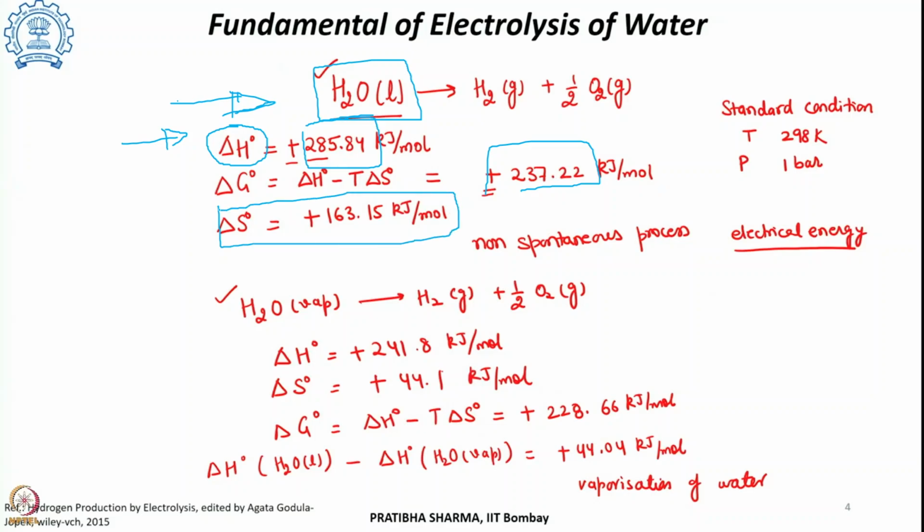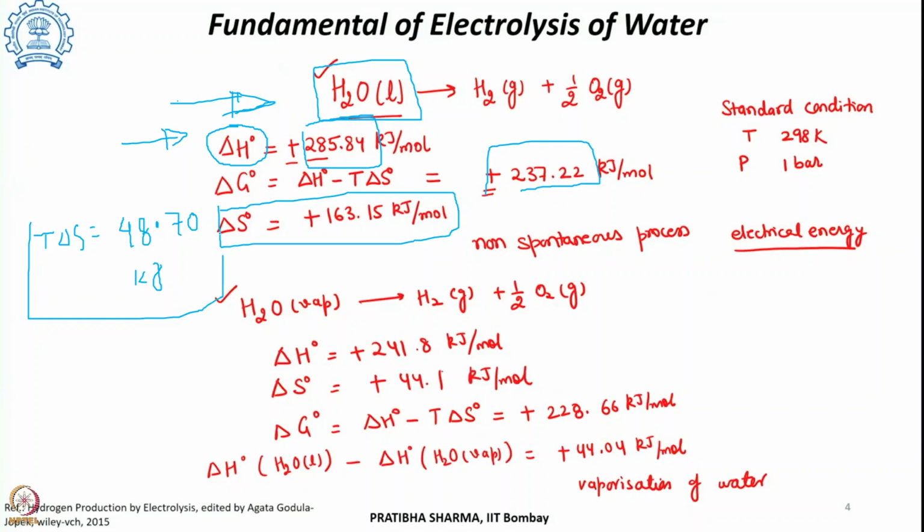You have to remember the T delta S value is equal to 48.70 kilojoule per mole.